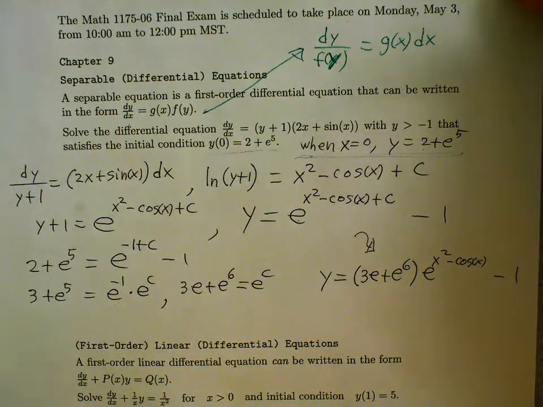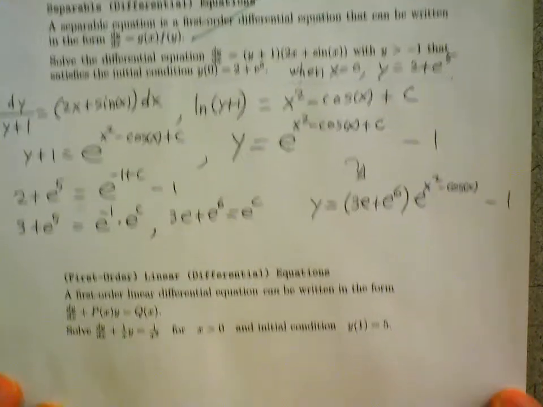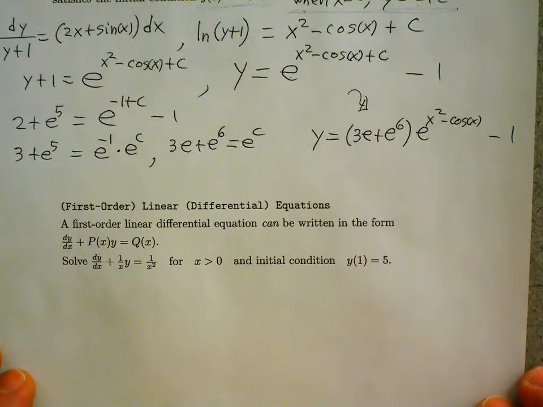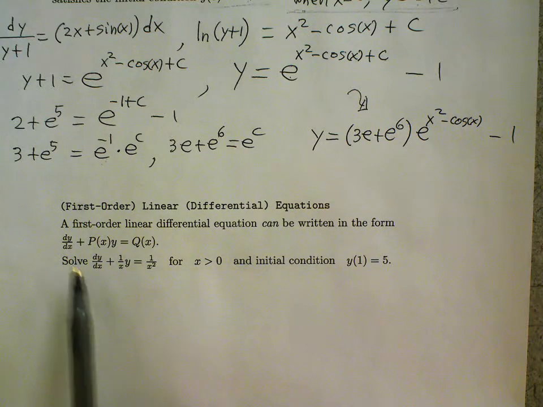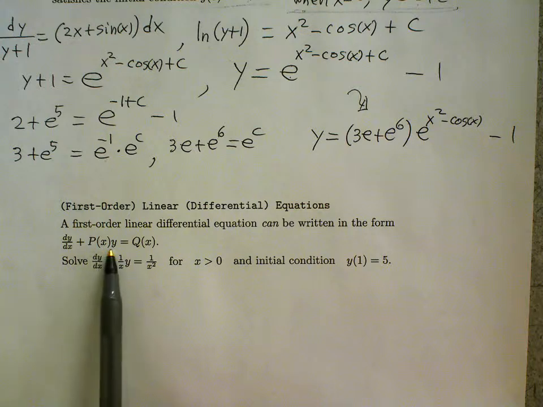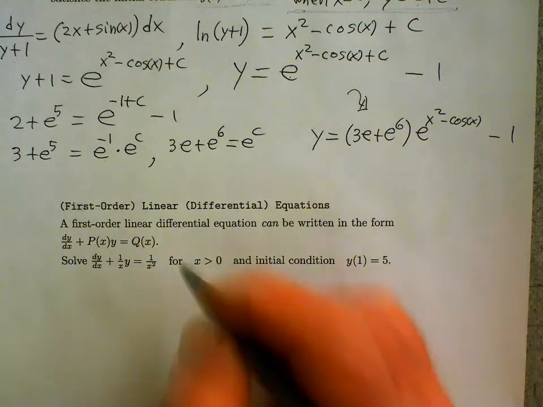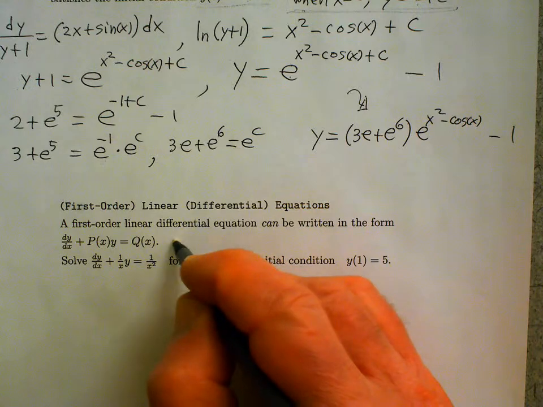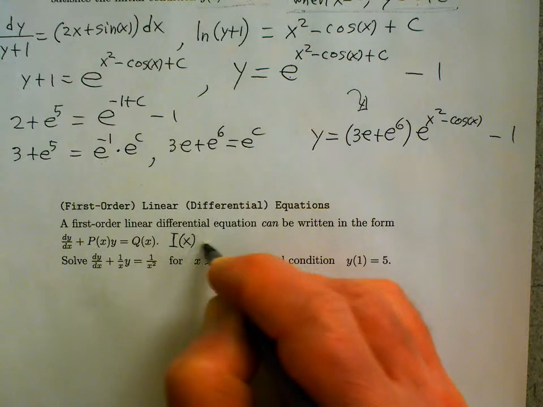Okay, let's move on to the first order linear differential equations. A first order linear differential equation can be written in the form dy/dx plus p of x times y equals q of x. And when it's in this form, we find the integrating factor, which we use capital I of x to refer to.